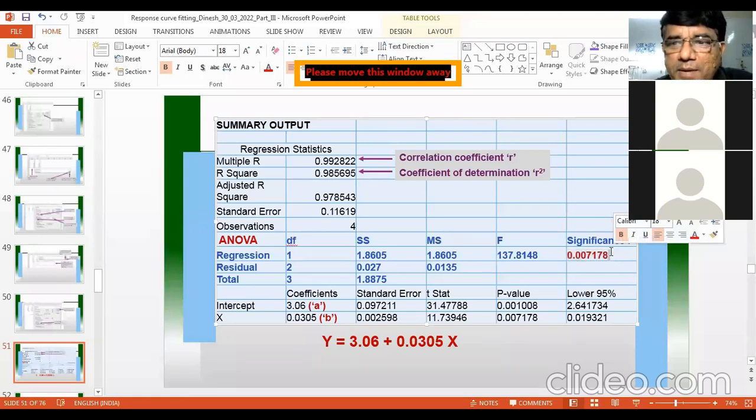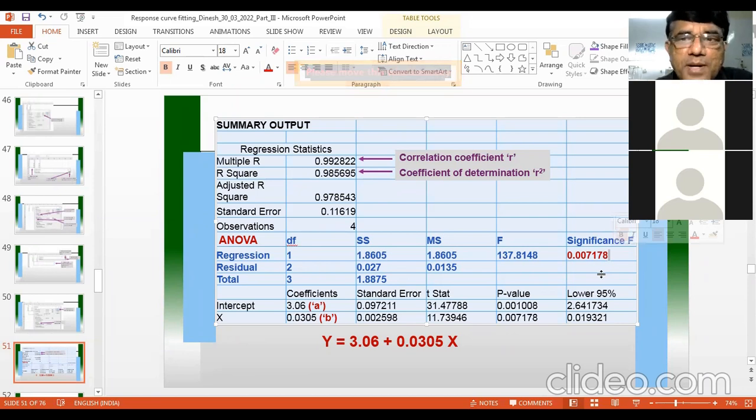Remember, you multiply it by 100. If you multiply it by 100, you will get 0.71%, or you can say 0.72%. So your equation is significant at 0.72%. What does it mean? If it is significant at 0.72%, that means it is surely significant at 1% or higher level of significance.